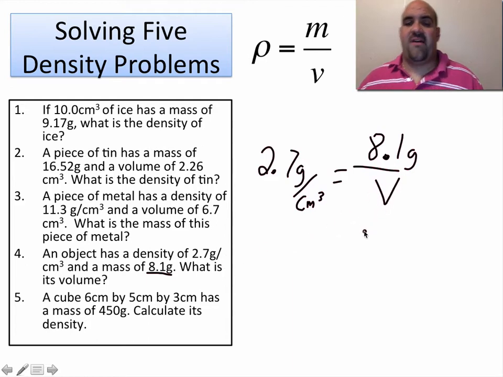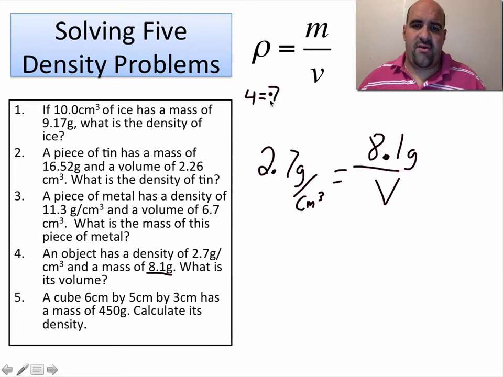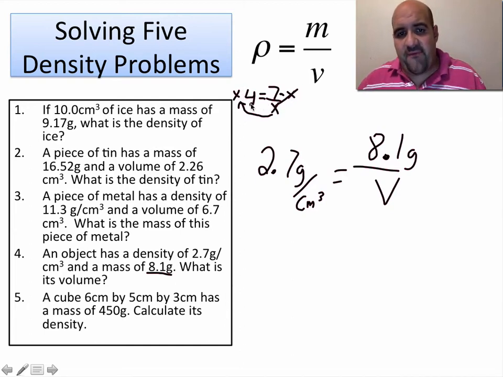We have to calculate the volume. And in order to do that, right now we have volume in the denominator. And if you wanted to solve something like 4 equals 7 over x, what you need to do is bring the x up. You got to multiply both sides by x to bring the x up. And then you would divide both sides by 4 to bring the 4 down.